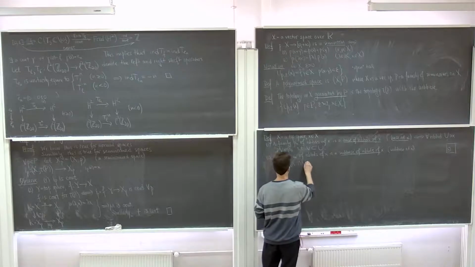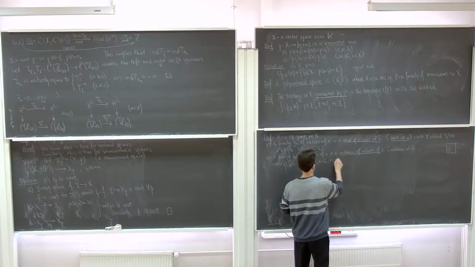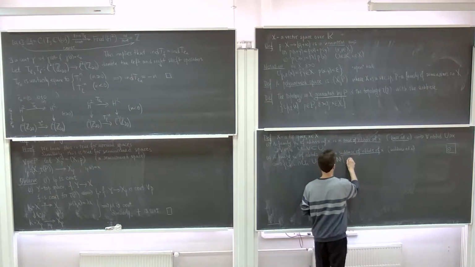The family of all finite intersections is a base at x.